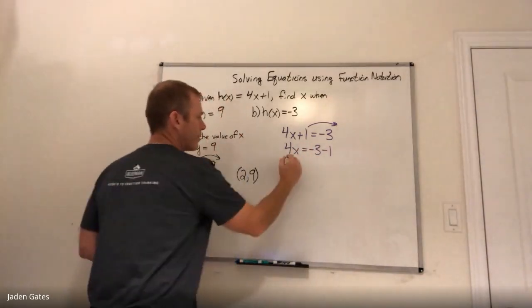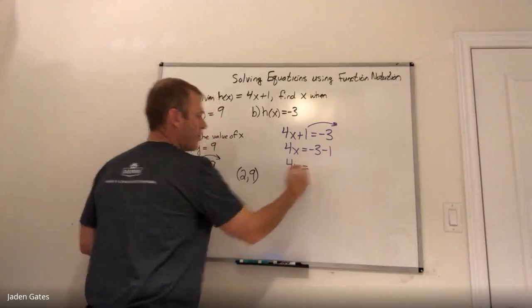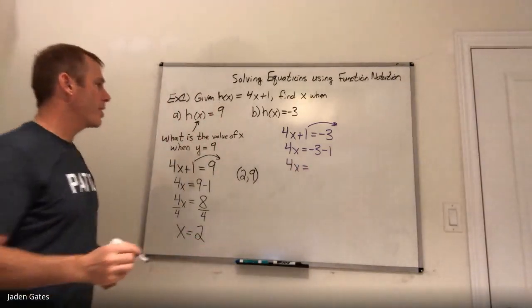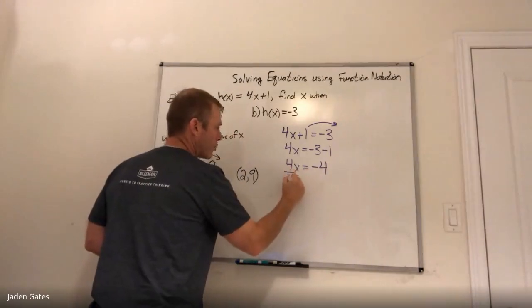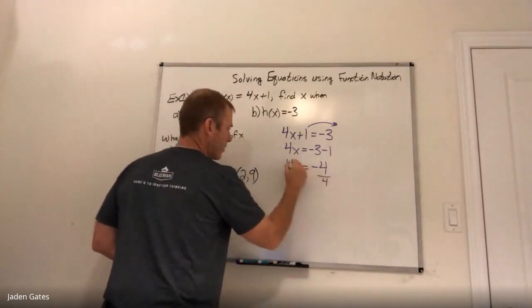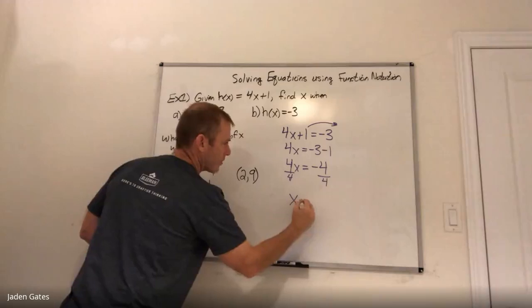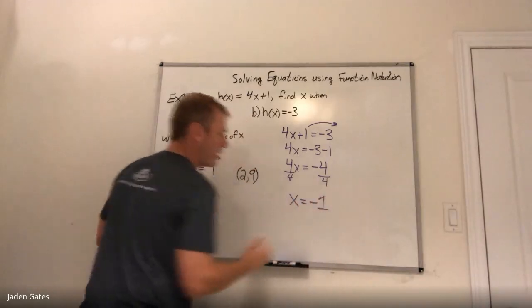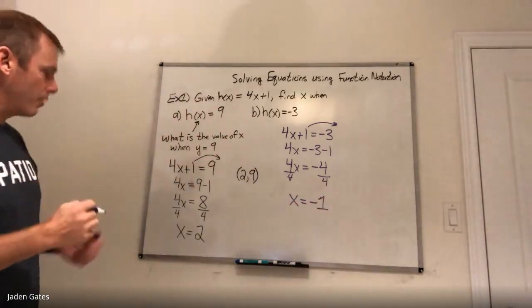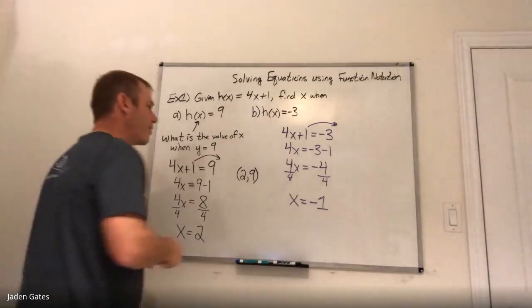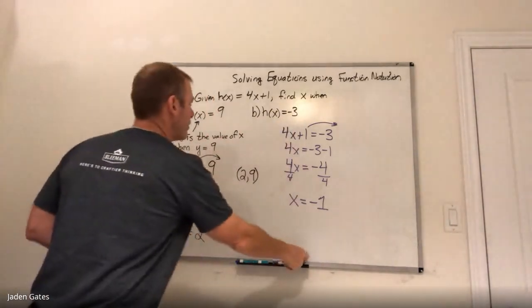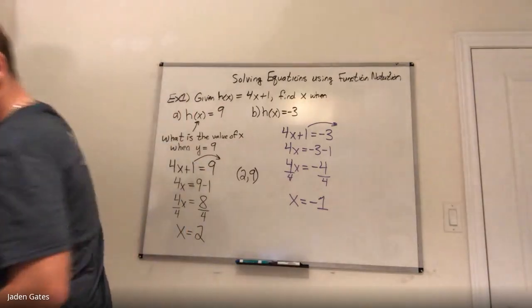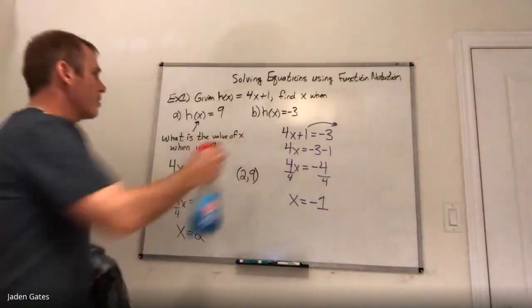So this time, 4x equals negative 3 minus 1, that's negative 4. Divide by my numerical coefficient on both sides, and it looks like my x value is negative 1 in that particular case. So when my x value is negative 1, my y value is negative 3. All right, so we'll step it up here and get a little harder.